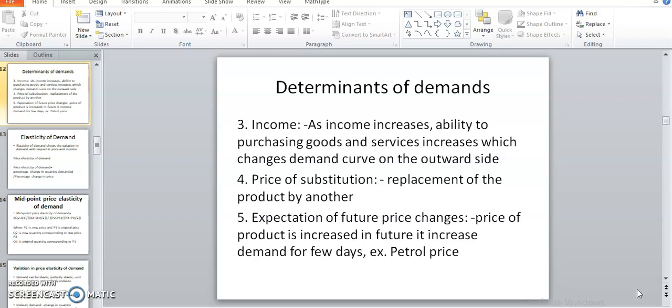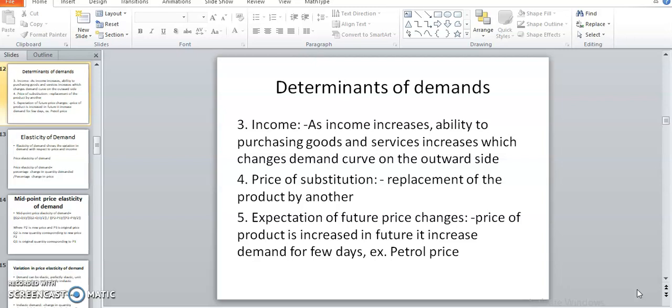As income increases or decreases, the ability of the consumer to buy the product changes, so it changes the demand curve outward or inward. Again, the price of substitutes: as the price of that substitute product increases or decreases, the demand curve shifts outward or inward.